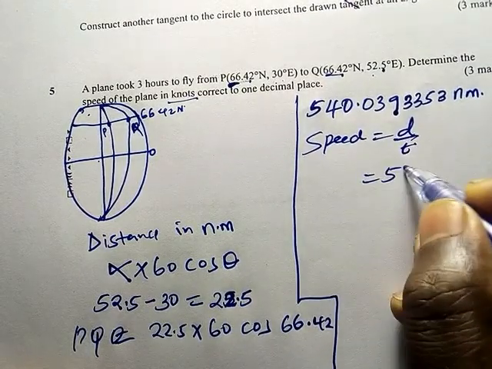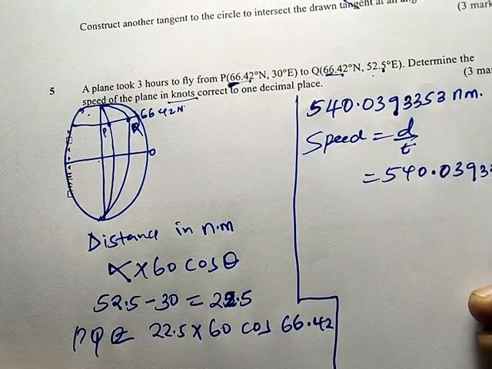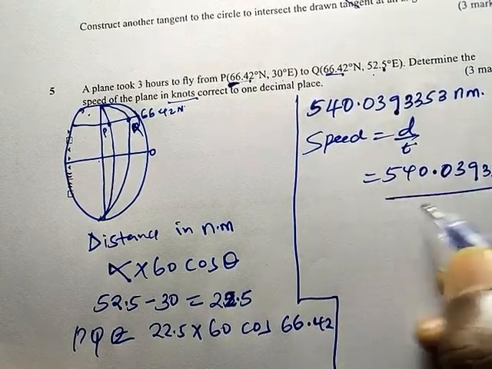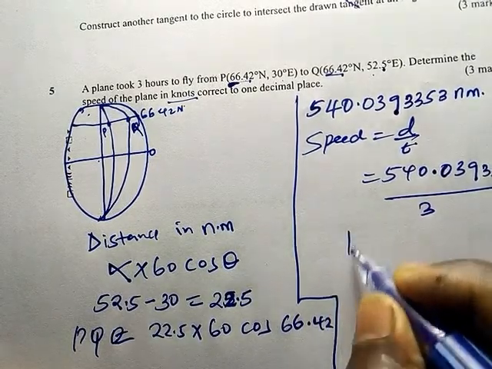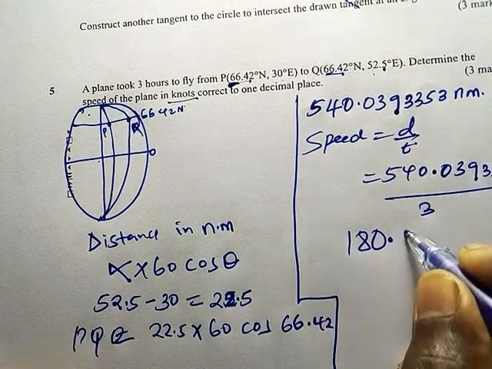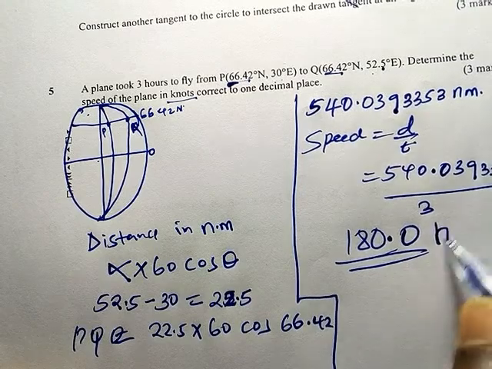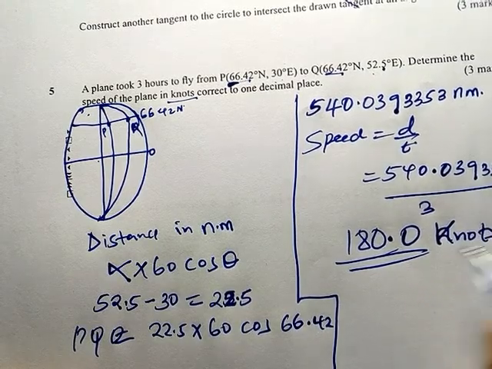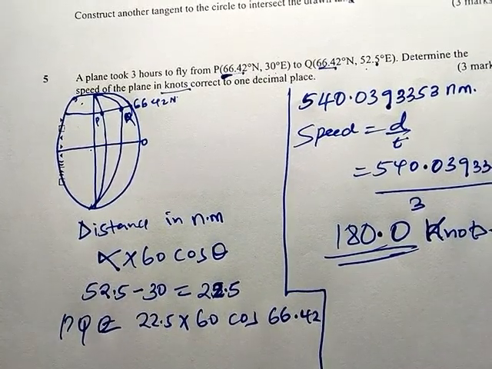So the distance is 540.039335. We divide by time, which is 3 hours, and our speed in knots is going to be 180.0 to 1 decimal place, and this is knots. Our speed is 180.0 to 1 decimal place.